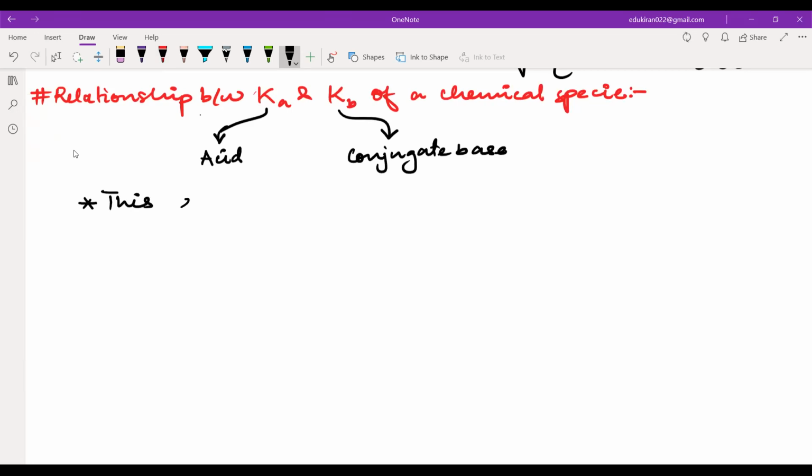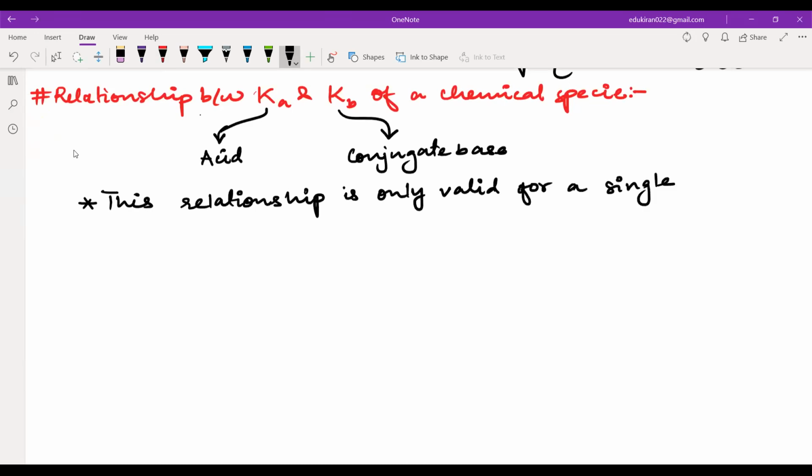This relationship is only valid for a single species. Okay, for a single species.